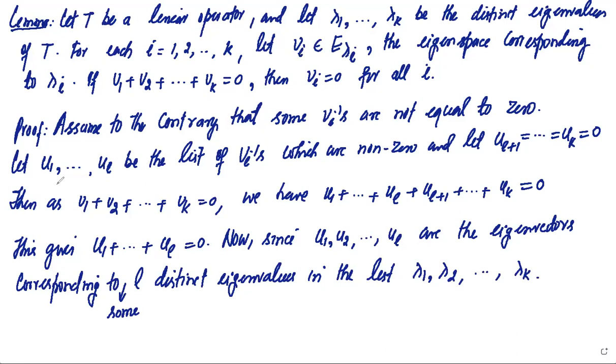Since we have rearranged the vi's and taken u1, u2, up to ul as the non-zero vi's, they are the eigenvectors corresponding to some l different eigenvalues, because we chose v1 from the eigenspace of lambda 1, v2 from the eigenspace of lambda 2, and these are k distinct eigenvalues.